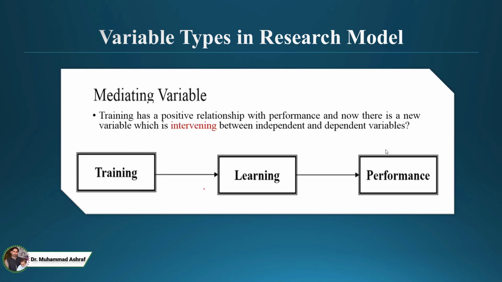When there is a relationship between an independent and a dependent variable and another third variable exists in between them, then the third variable is called a mediating variable or an intervening variable. In this example, training and performance are the independent and dependent variables, but there is a third variable, learning, which exists in between both of them.